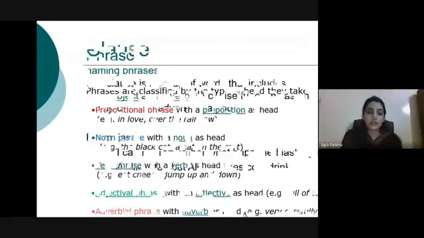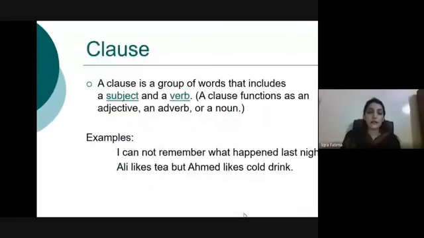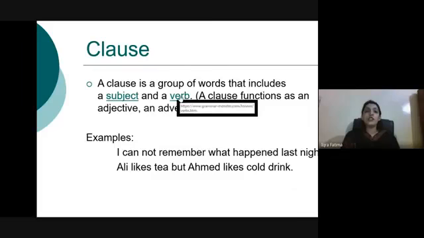Now the second thing which I want to tell you about is clause. What is a clause? After phrases in the hierarchy of learning a language, we have clauses. So, what is the difference between a phrase and a clause? A clause is again a group of words, but this time it includes the subject and a verb.